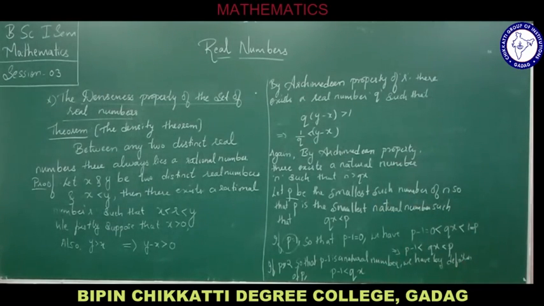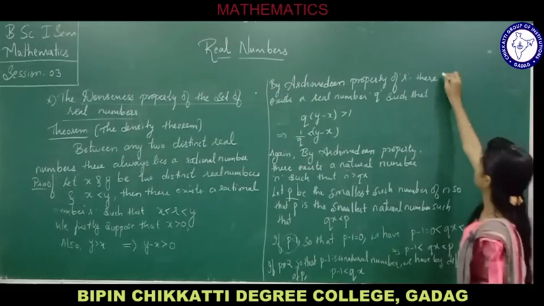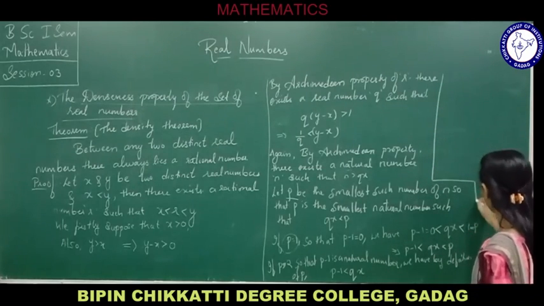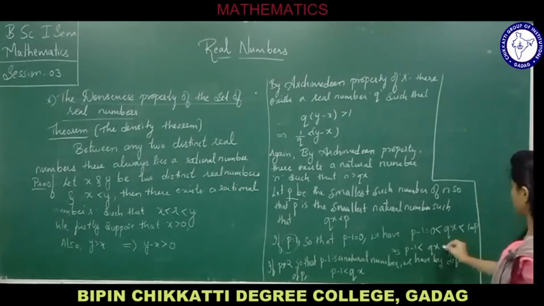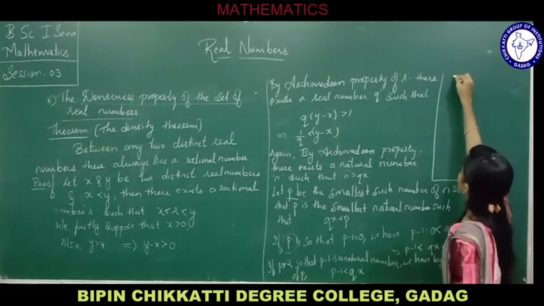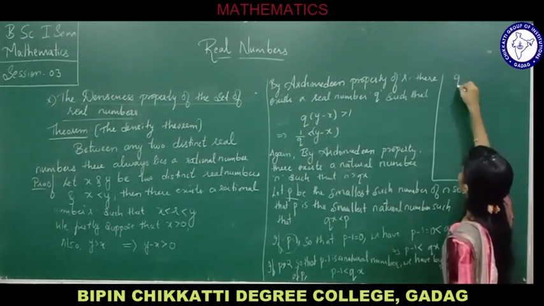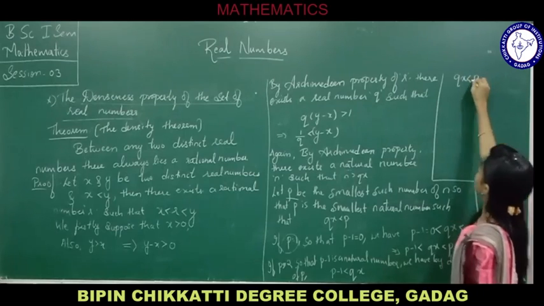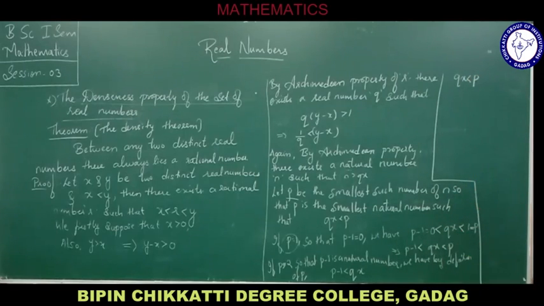Now what is going to happen? Q into X is less than P. We have here already Q into X less than P. This implies what?